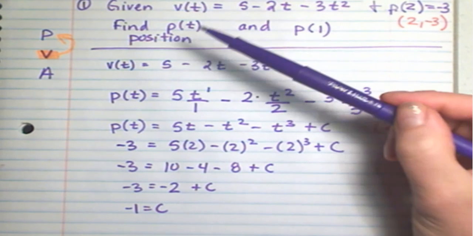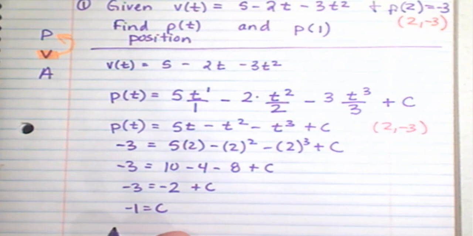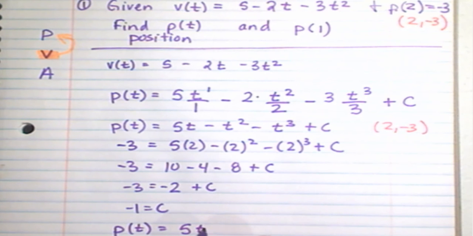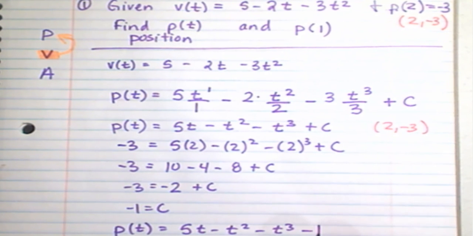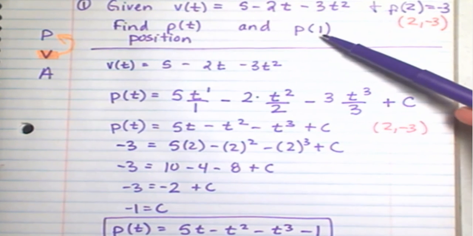So now I have found position. That's the answer to the first question. So position equals 5t minus t squared minus t cubed minus 1. So there's the answer.